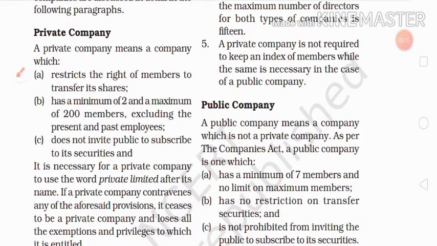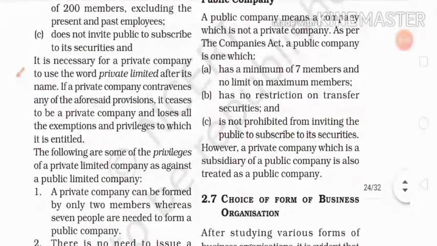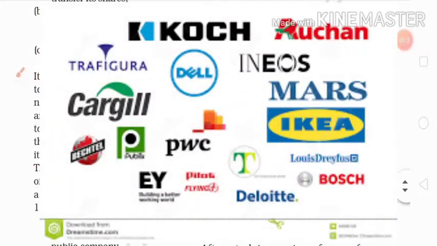It does not invite the public to subscribe to its share capital, and must have a minimum paid up capital of rupees 1 lakh or such higher amount as may be prescribed from time to time. It is necessary for a private company to use the words private limited after its name.